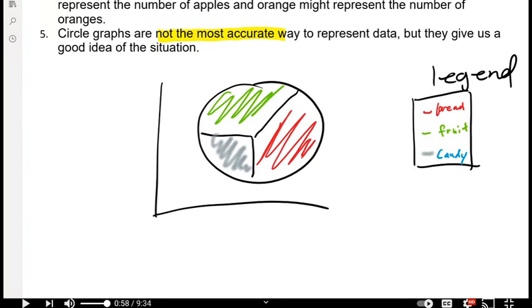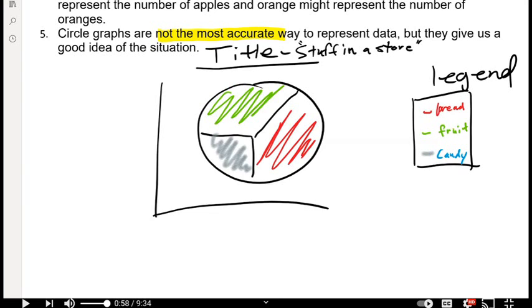Okay, now remember, you have a legend, right? You have your circle, and you always have to have a title, right? That represents this. Now, I could say this is stuff in a store. And you can get that idea from what you see in the legend here, right?